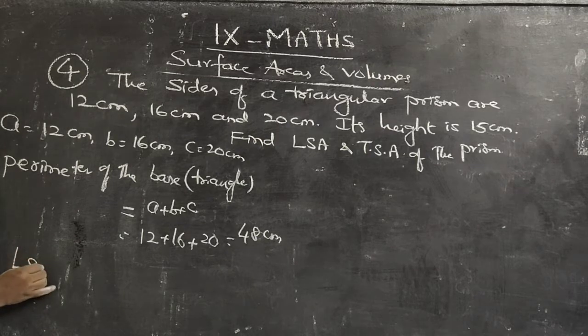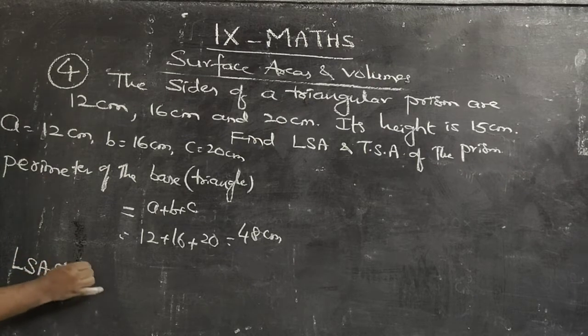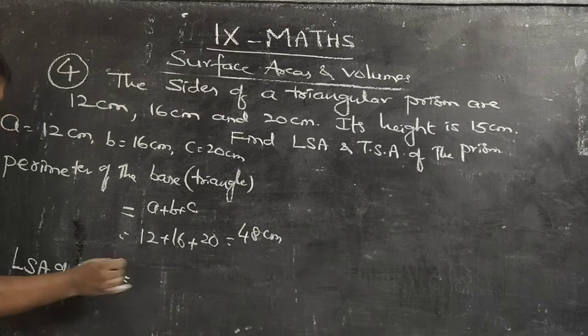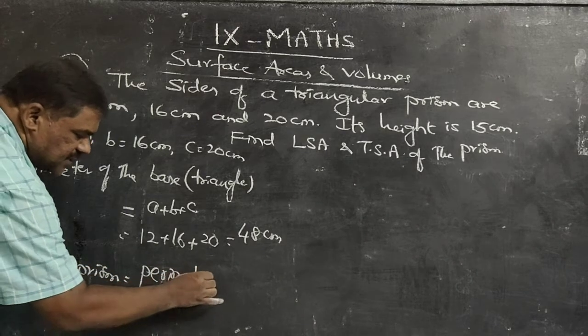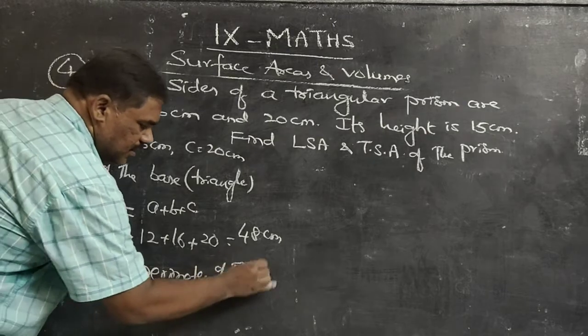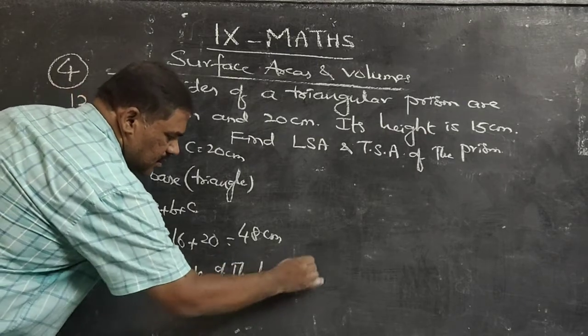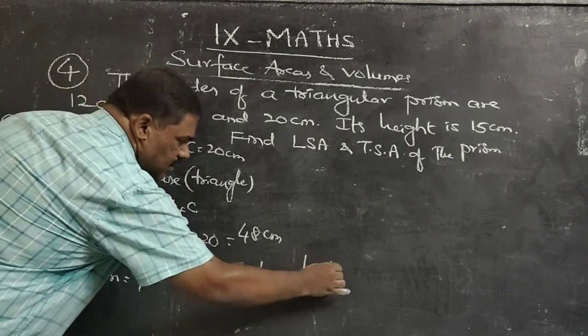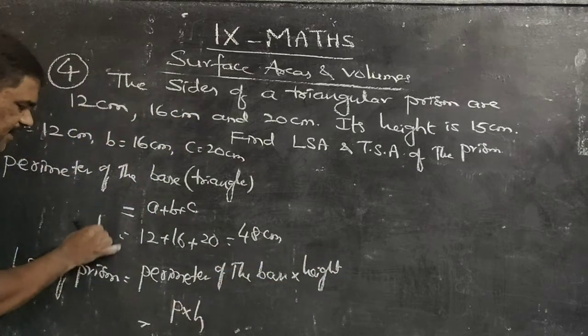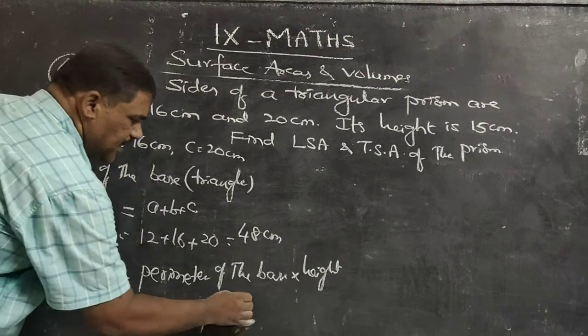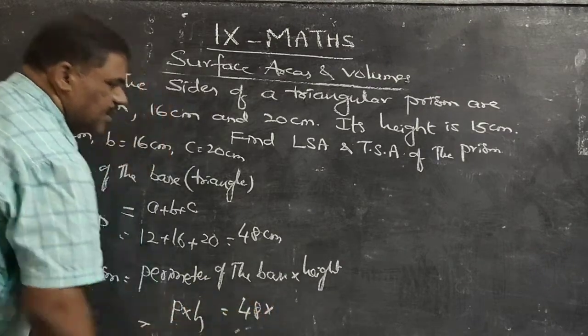Now, LSA of a prism. LSA of a prism formula is perimeter of the base into height, P into H. So perimeter is 48.